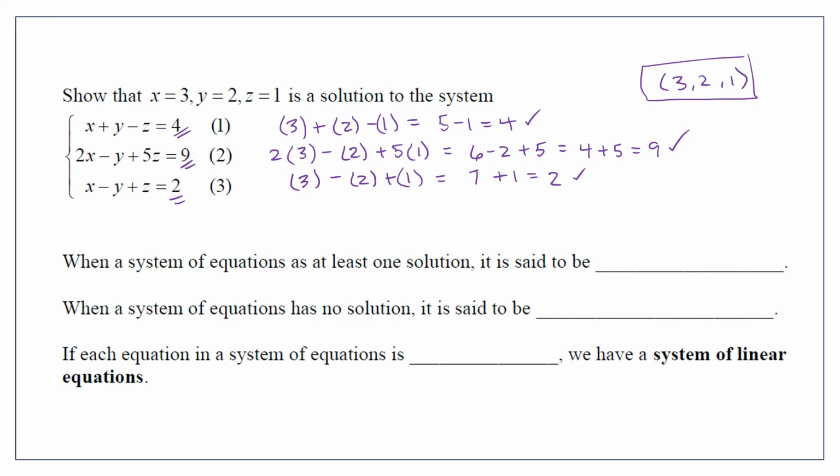Okay. So when a system of equations has at least one solution, it is said to be consistent.